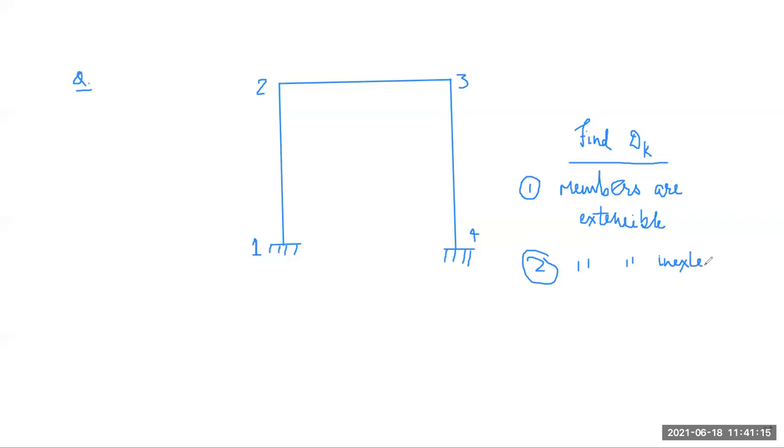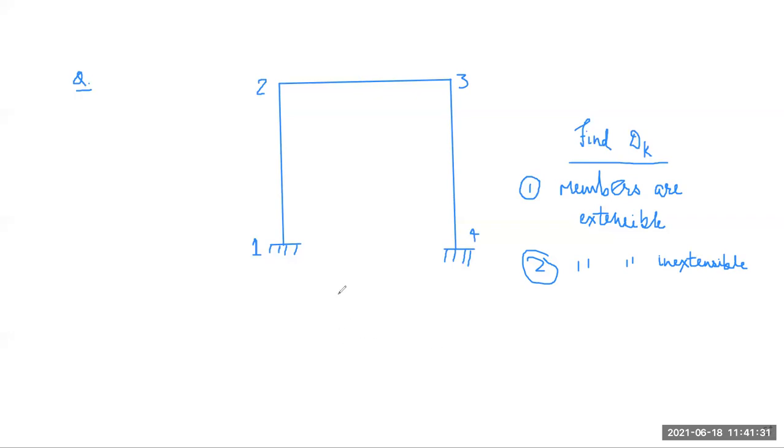So what is the Dk for the first case when members are extensible?